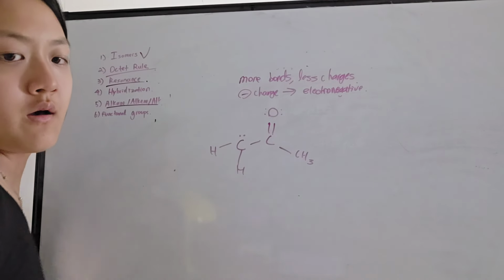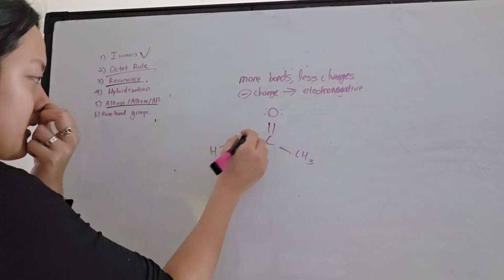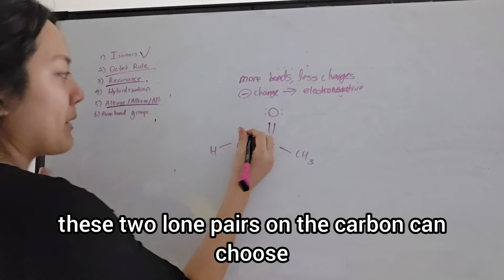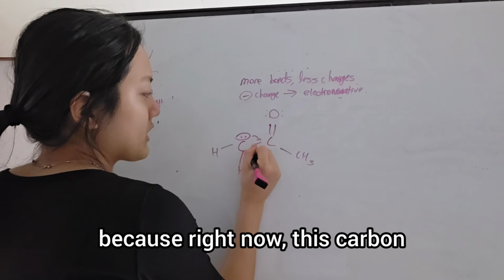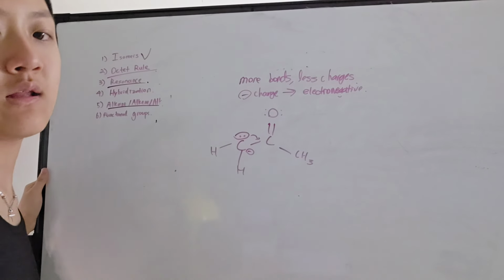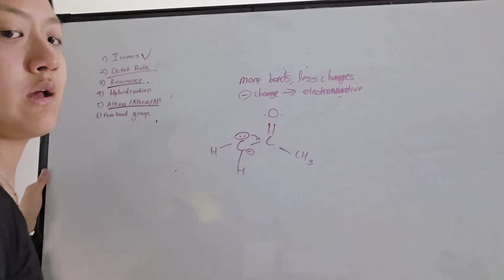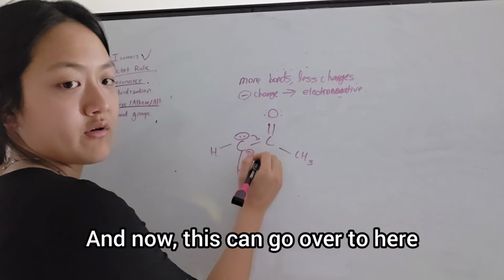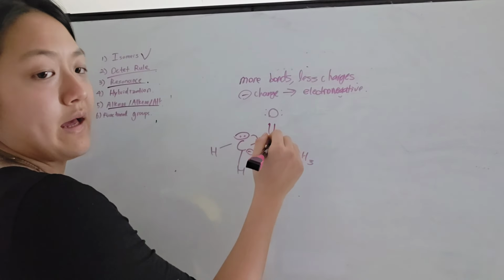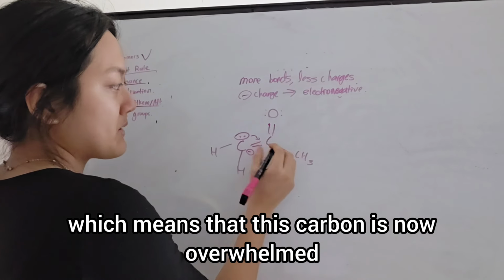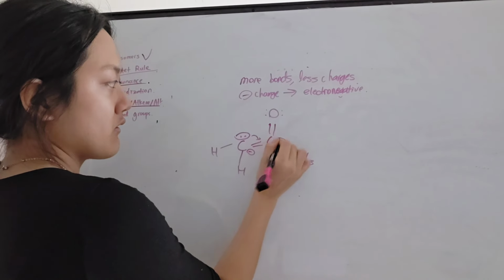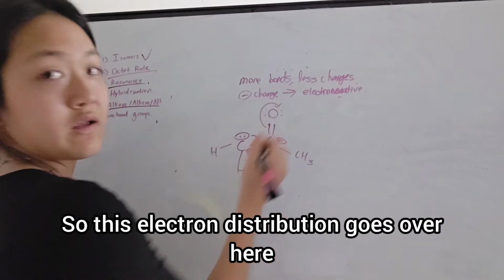Now, these two lone pairs on the carbon can choose to go over here, because right now this carbon has more electrons than it needs. And now this can go over to here and then make sure that this becomes a double bond, which means that this carbon is now overwhelmed. So this electron distribution goes over here.